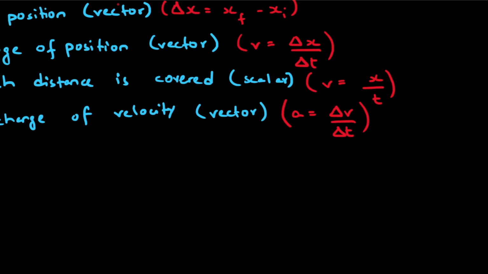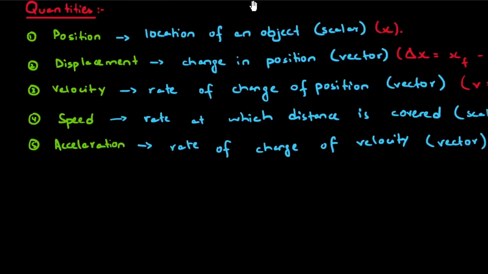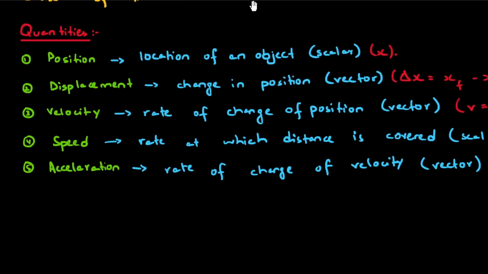Change in velocity by change in time. Now, each one of these quantities has its own units as well, and there are certain similarities between the quantities as well. For instance, position and displacement are very similar. Velocity and speed are very similar. In fact, in real life, people casually assume that velocity and speed are the same thing. And they do the same for position and displacement as well.